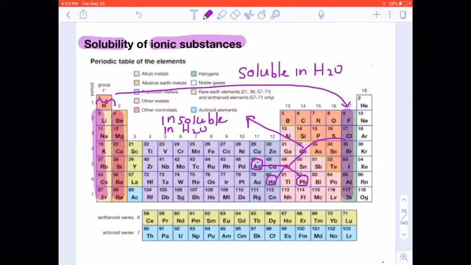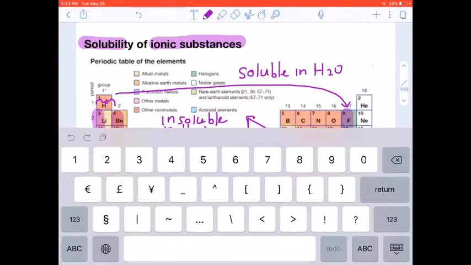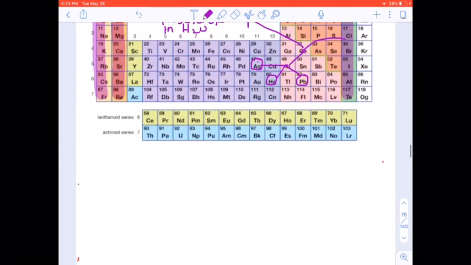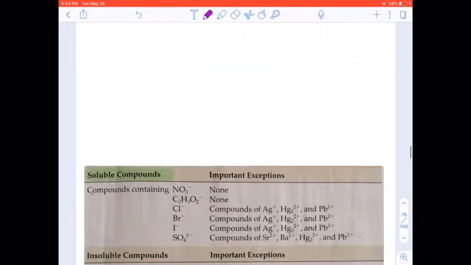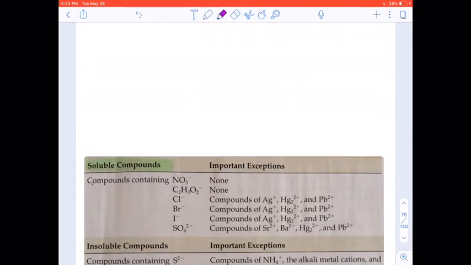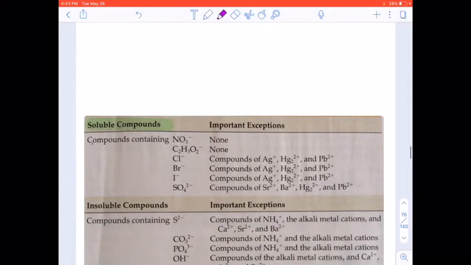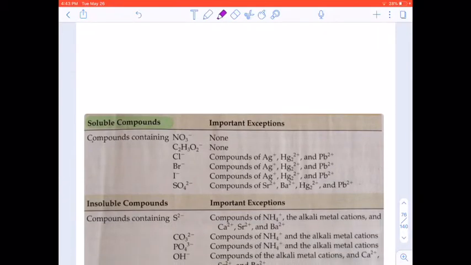Now let's go and have a look at some of the rules here. We've got soluble compounds, and we've got several anions.